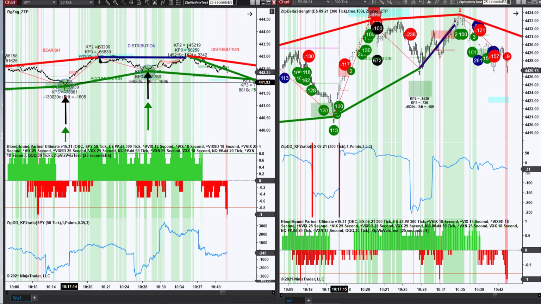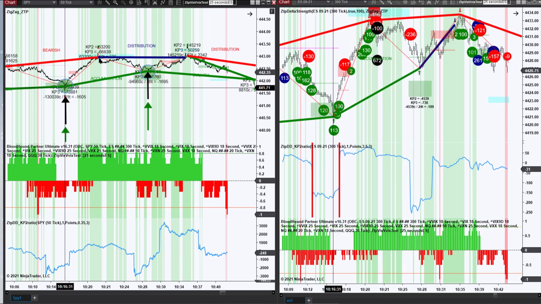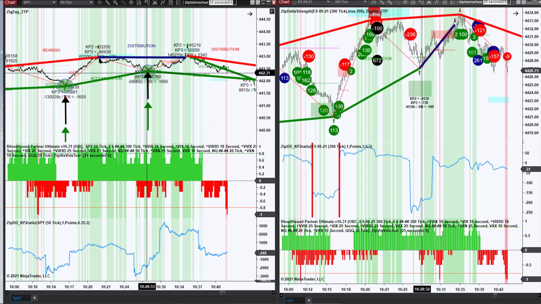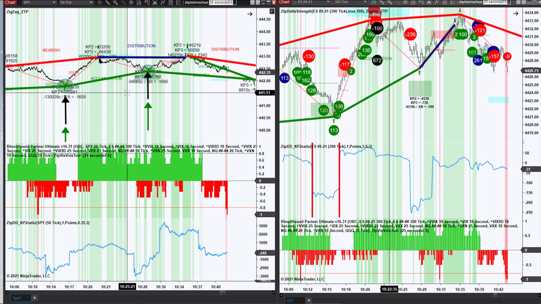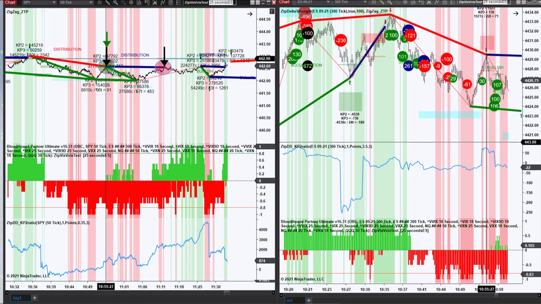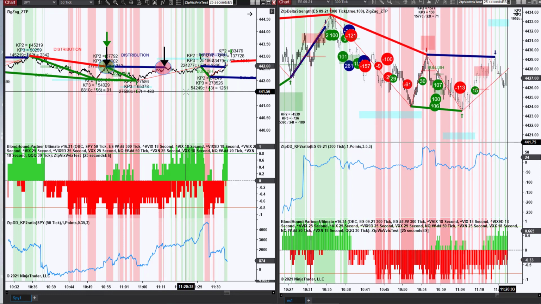We're going to follow that up with two accumulation long trades, both of which had VXX divergence and had ES accumulation on both setups. We follow that up with a distribution short trade that had VXX and distribution on the ES chart.